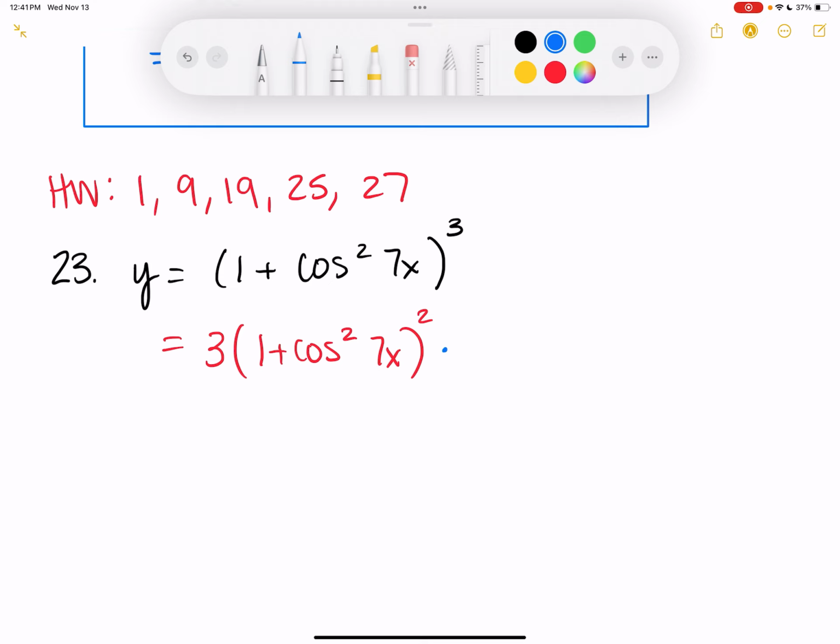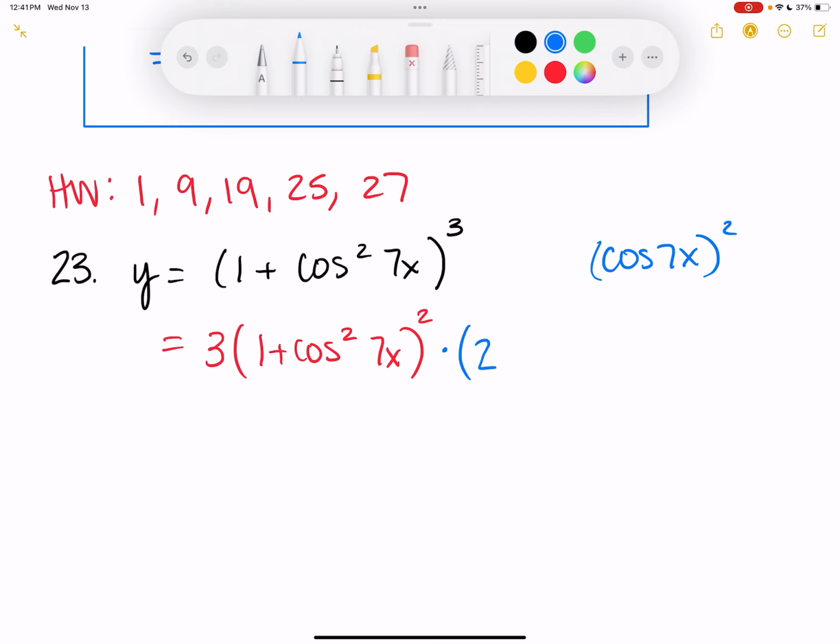Sure. Okay, the derivative of the inside, derivative of 1 is 0, plus, well, you know what I mean. I think about this as cosine of 7x squared when I do this.